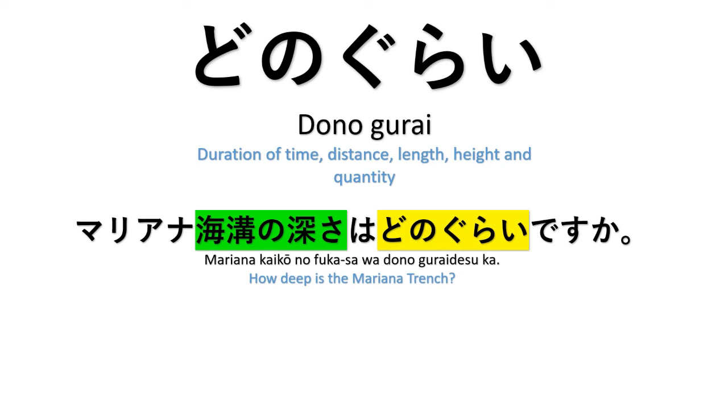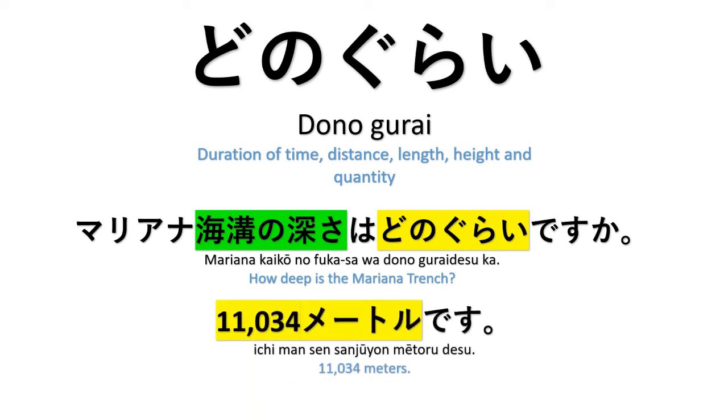So we add fukasa just to be clarified with what we are measuring, or what we are asking the measure of. So, Mariana Kaiko no fukasa wa donogurai desu ka? 11,034メートルです。11,034 meters.